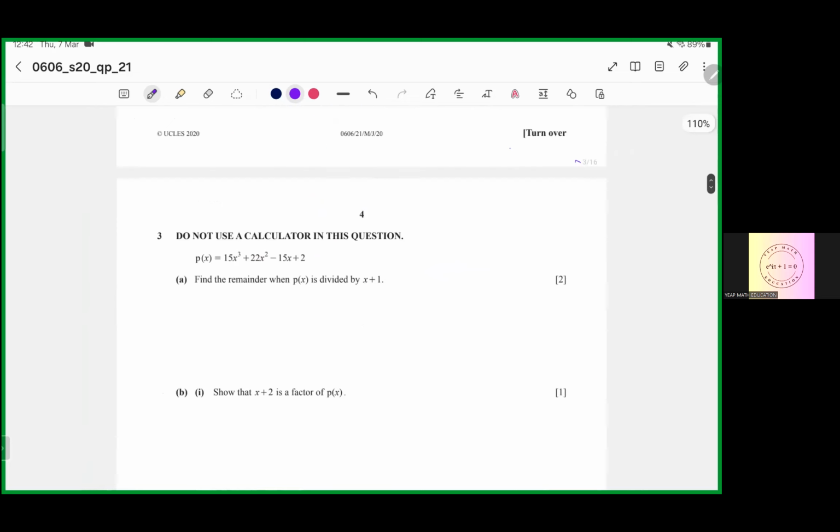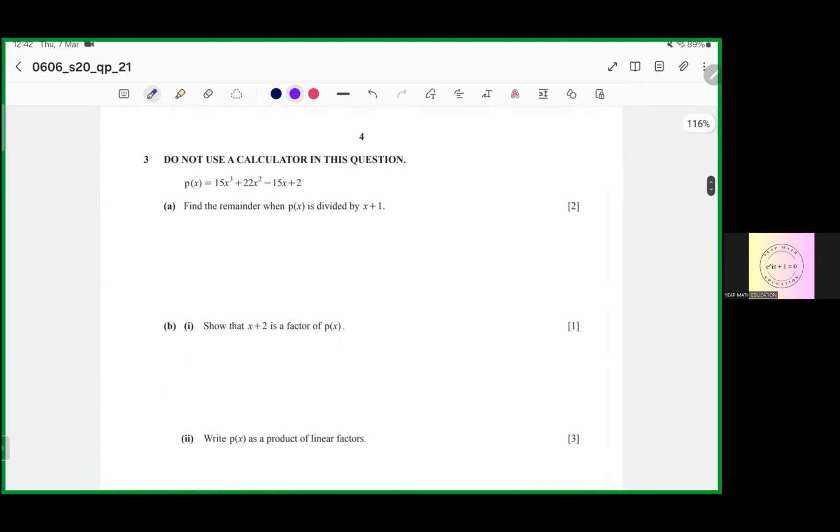Now we look at question 3. Question 3 is about polynomial equations. Now we see question A. Find the remainder when p(x) is divided by x plus 1. It means you just take p of negative 1 here.